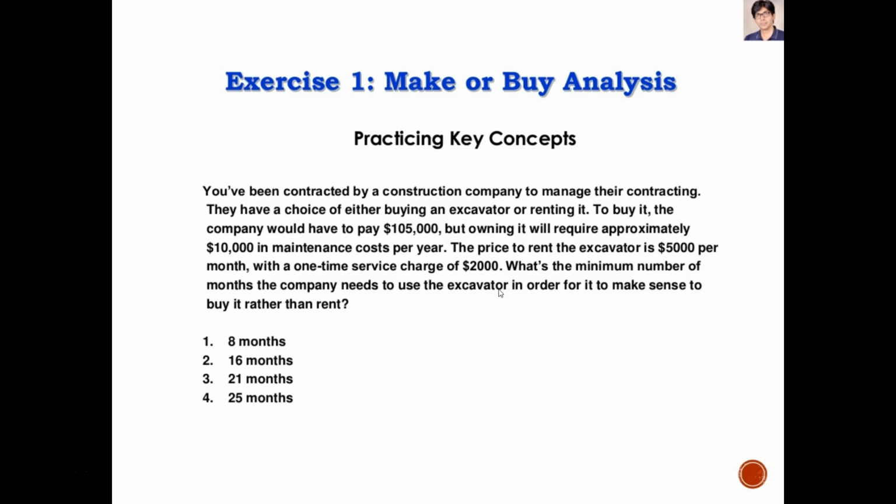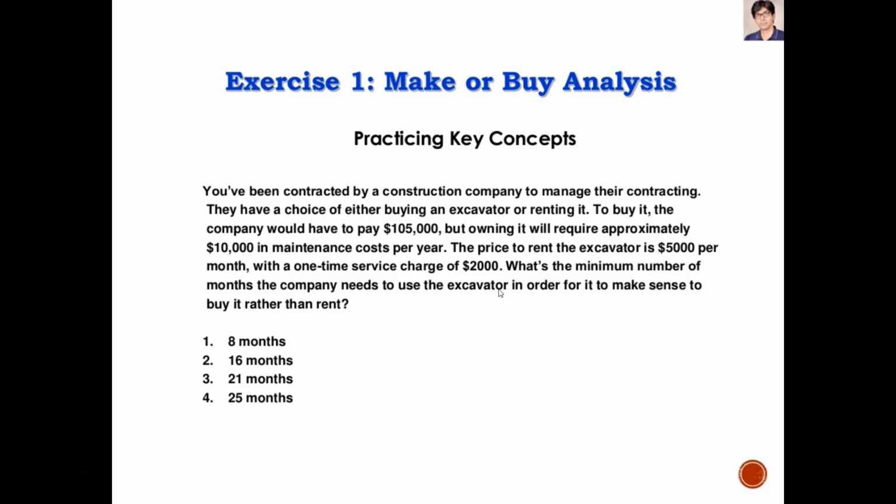So here's an example of what we're going to do. What's the minimum number of months the company needs to use the excavator in order for it to make sense to buy this excavator rather than rent it? So often in construction, we rent equipment rather than purchase it because we think that it makes sense.